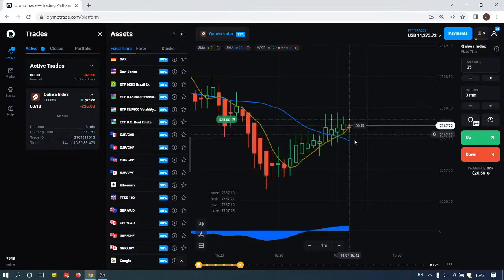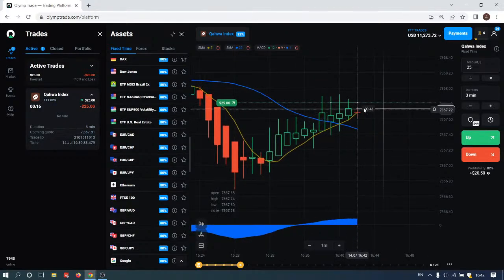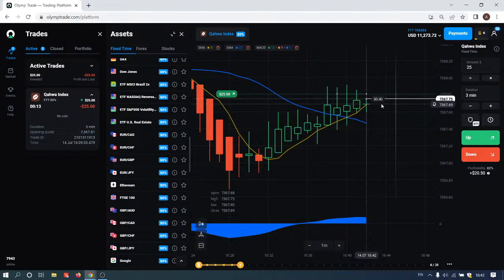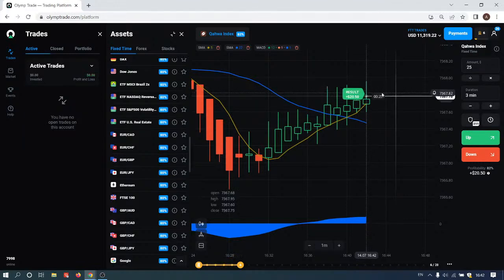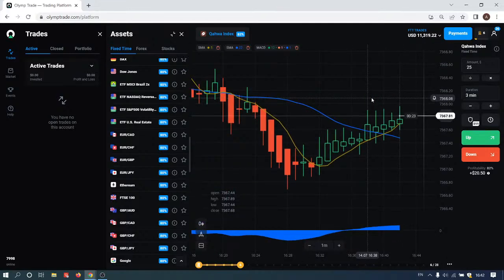So am I going to see profit here? 10 seconds away from knowing the result, and 7 seconds to go here. Pretty dramatic. No, it's not going to be dramatic. It's going to be a surefire closing with a profit.